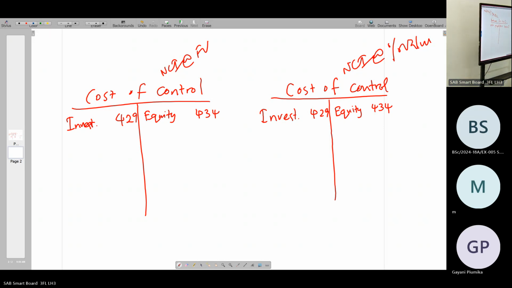Here 136. Double entry of 136. Right. Did you understand? NCI credit, cost of control account debit.